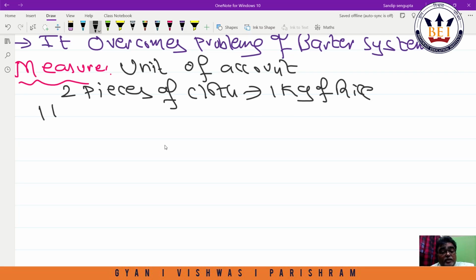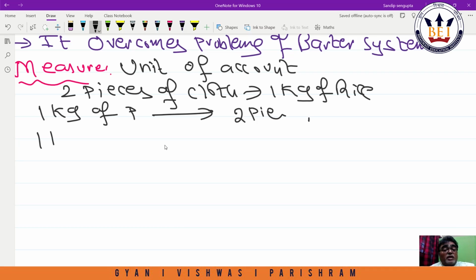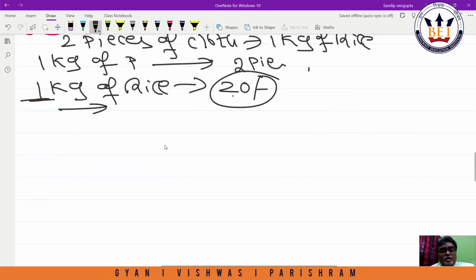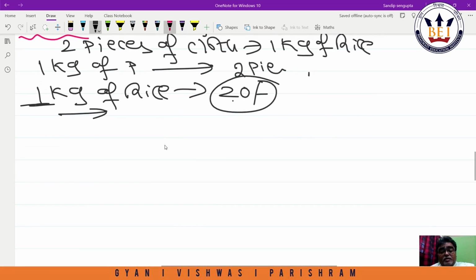So to get 1 kg of rice, one has to sacrifice 2 pieces of cloth. Similarly, for 1 kg of rice, if the price is 20 rupees, one has to give up 20 rupees to get 1 kg of rice. So it is nothing but a unit of account, so that it can be measurable by unit.